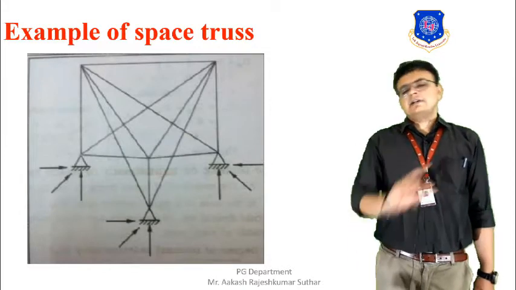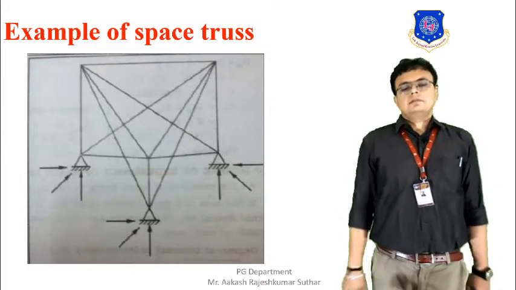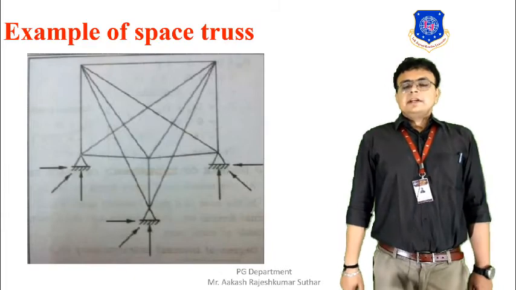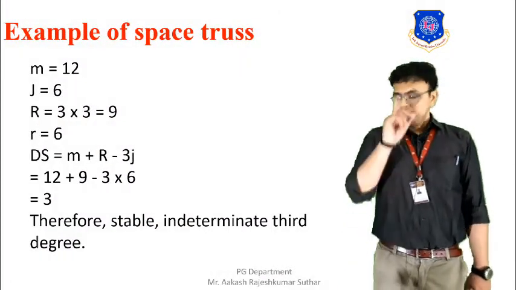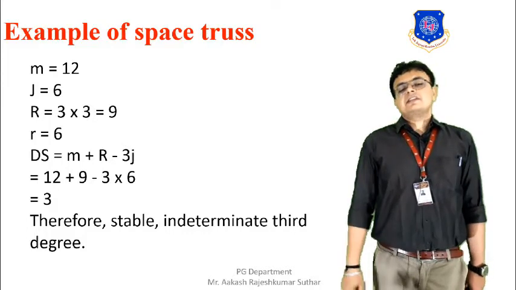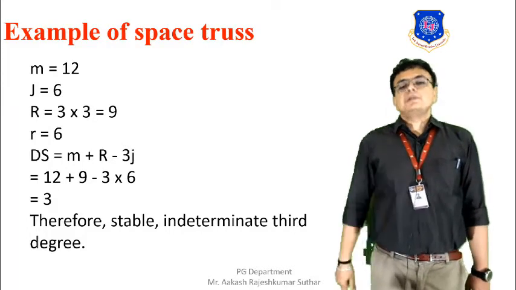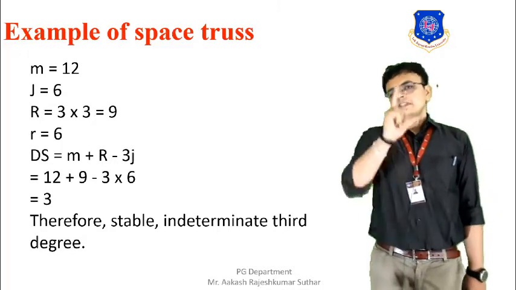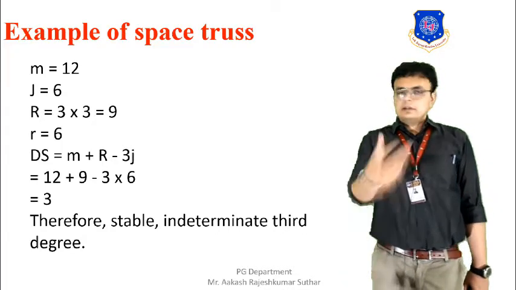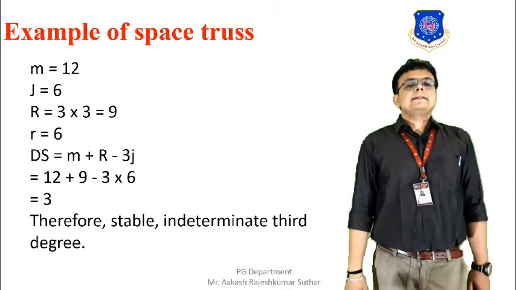I have already counted and written it. And previously we discussed the reactions available from this space truss. It is 9: 3 hinge supports, each having 3 reactions, and cumulatively it is 9.